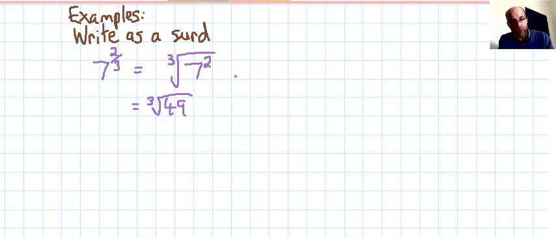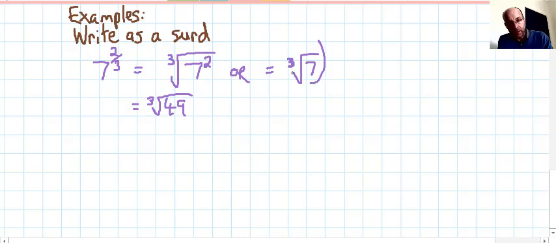Okay, another way of doing that, which is probably not quite as good, is you can actually do it this way. It's the cube root of 7, and you can swap the order around, all squared, and that way basically you've got an answer. And in fact you can't go any further than that, well, not easily anyway. So while that's correct, it is slightly better to do it the other way.